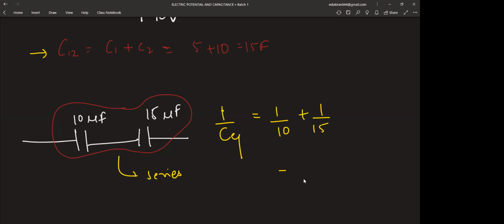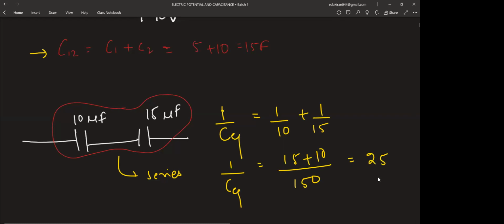So this becomes 150, and here we have 15 plus 10. This is equal to 1 by C equivalent, which is equal to 25 divided by 150.